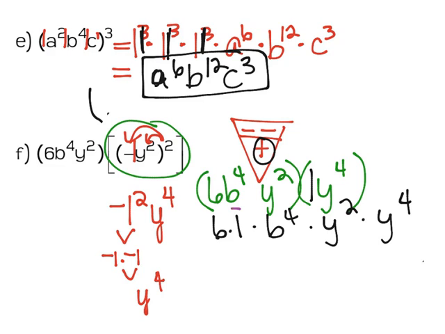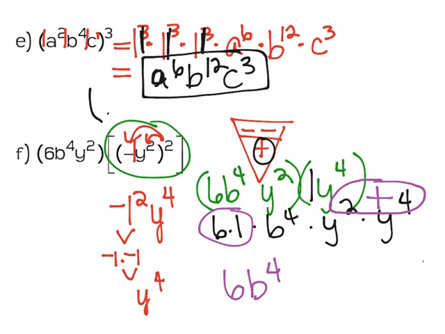And now we can multiply our exponents. So 6 times 1 is 6. We only have 1b, so it's going to stay b to the 4th. But we have 2 y's, which means we need to add those exponents. We keep the base and add 2 plus 4 to get 6. And this is our final answer.